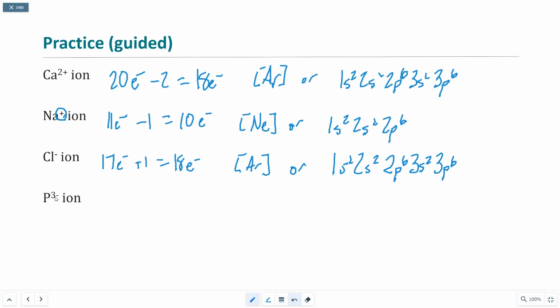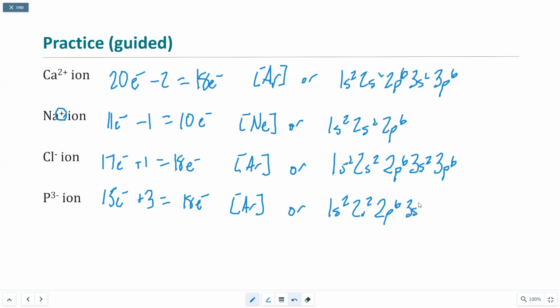For phosphide ion, we are talking about 15 electrons, plus 3 more for the charge would give us a total of 18. And once again, we're talking about either the noble gas configuration of argon or 1s2, 2s2, 2p6, 3s2, 3p6.